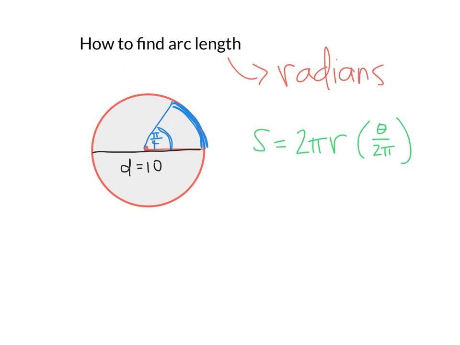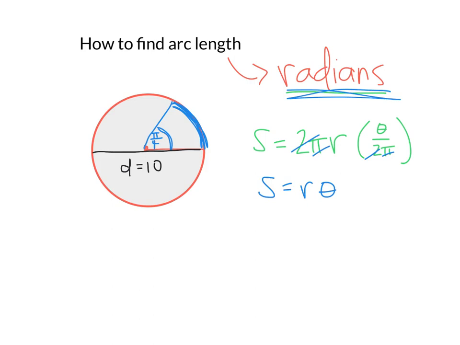Now the reason I use 2 pi is because we're dealing with radians. And in radians, all the way around the circle is 2 pi. But if you look at this, we're able to simplify by crossing some things out, right? The 2's cancel and the pi's cancel. So S is equal to r theta, which you could also use, but only if you're given radians.